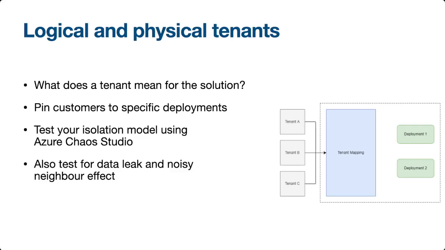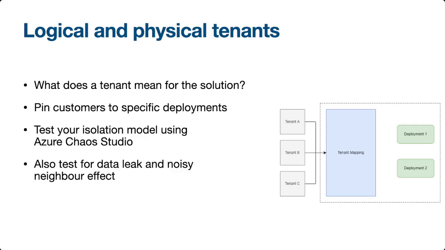In contrast to that, think about a company that builds cloud software for, say, legal firms. Your customers may insist on their own dedicated infrastructure to maintain compliance. Therefore, you need to be prepared to deploy and manage different instances of your solution right from the start. In this example, a logical and physical tenant is the same thing.